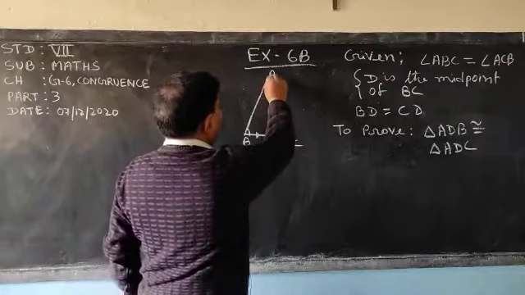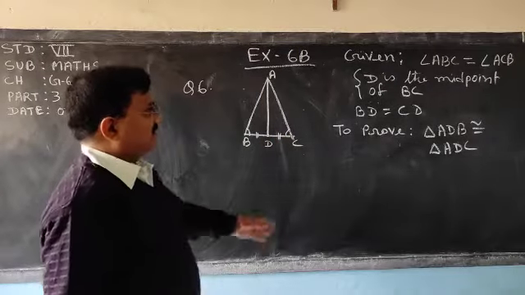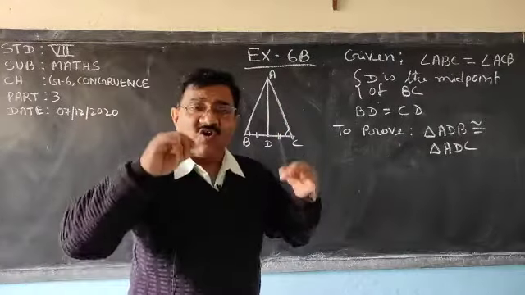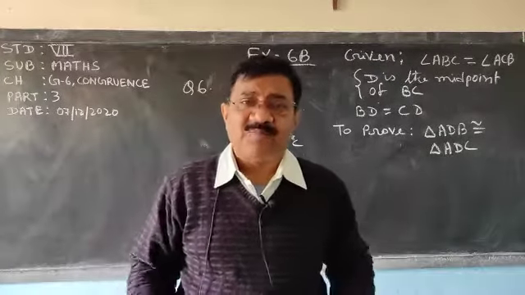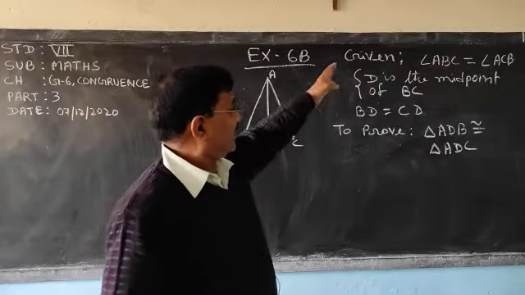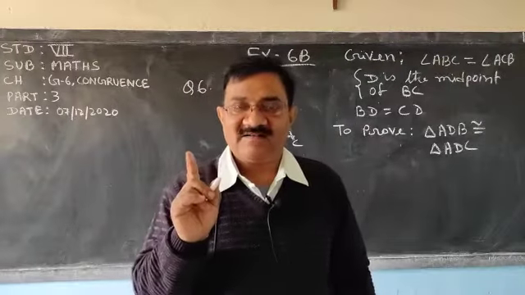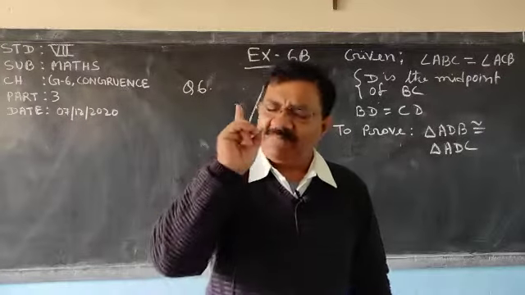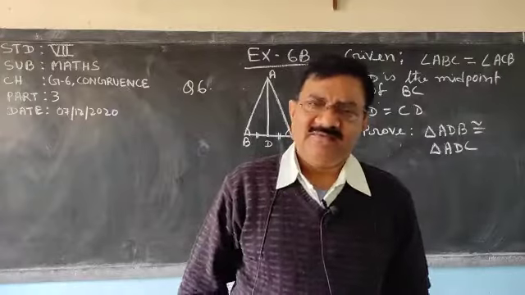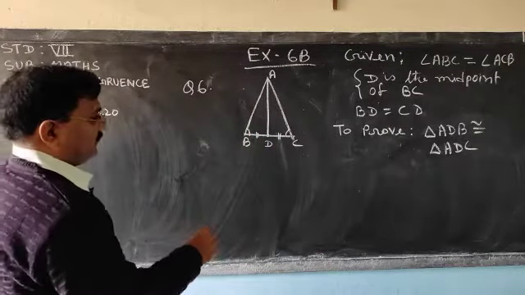Let me make triangle ADB and triangle ADC. Listen, if you do not know anything in the proof question, just draw the diagram, write Given and To prove. You will get some marks, not full marks, but some marks. Very clear? Now after this, write the proof.